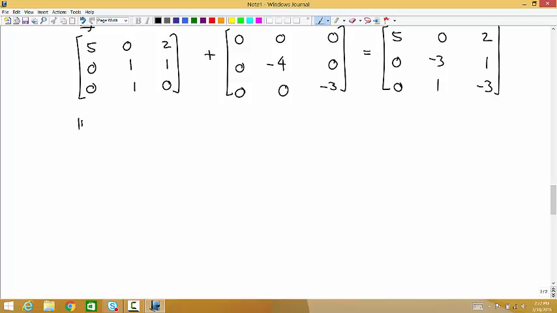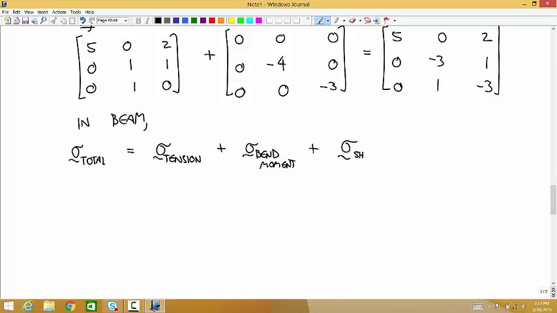And in a beam, the total stress tensor is equal to the stress tensor due to tension, plus the stress tensor due to the bending moment, plus the stress tensor due to the shear force, plus the stress tensor due to torque.